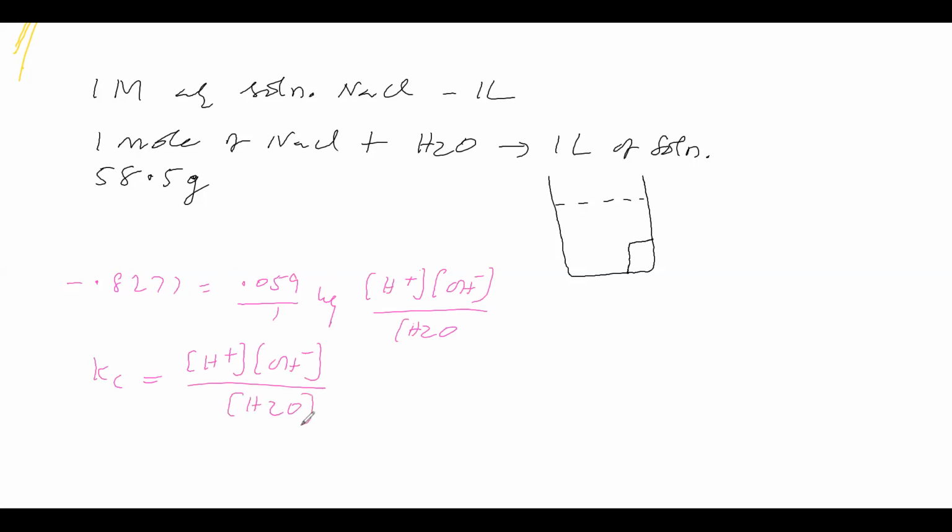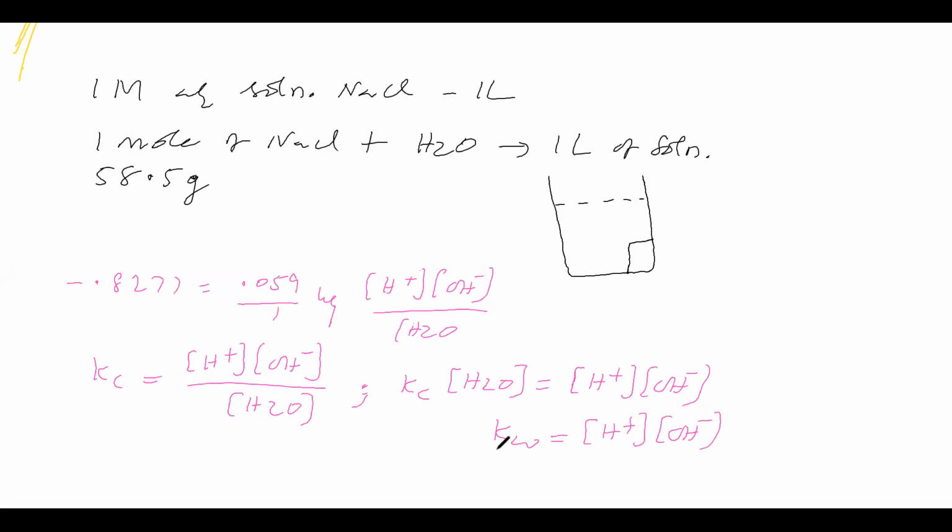Since the concentration of water almost remains constant, let us take it to the left side. So we get H plus into OH minus. The product of these two constants is called another constant, Kw, equal to concentration of H plus into concentration of OH minus.